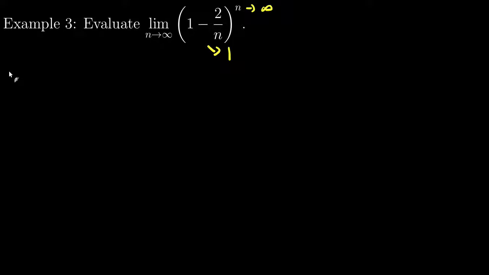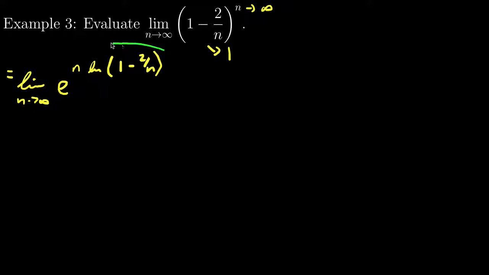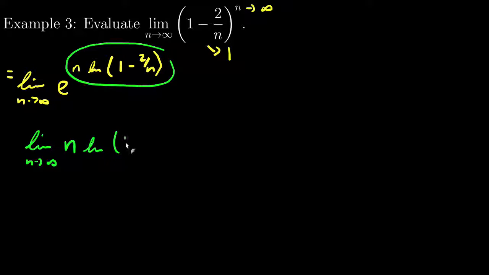So I start off by rewriting this as the limit, as n approaches infinity, of e to the n natural log of 1 minus 2 over n. And now I just consider this part. So I'll find the limit as n approaches infinity of n natural log of 1 minus 2 over n.